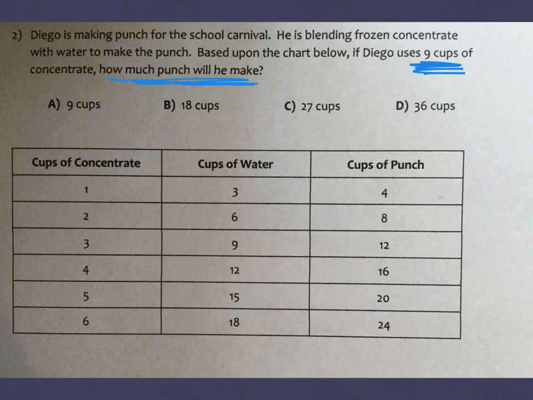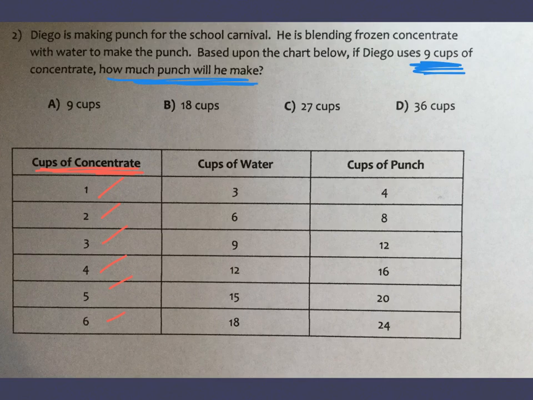Well, first, we can see right away in the table, they're showing cups of concentrate right here. 1 cup, 2 cups, 3 cups, 4 cups, 5 cups, and 6 cups. Okay. And then they're also showing how much punch that makes when he mixes it with the water.